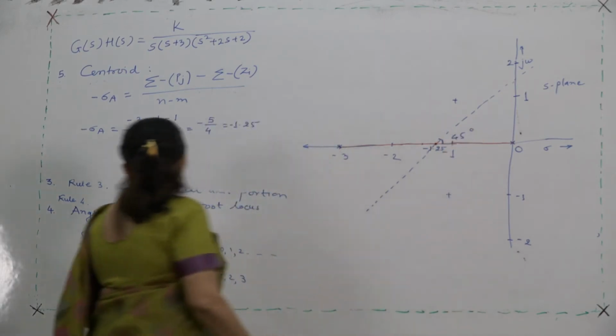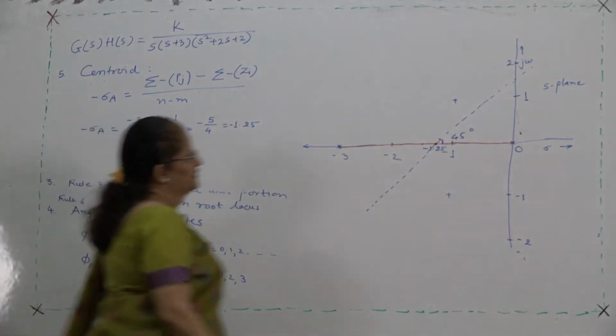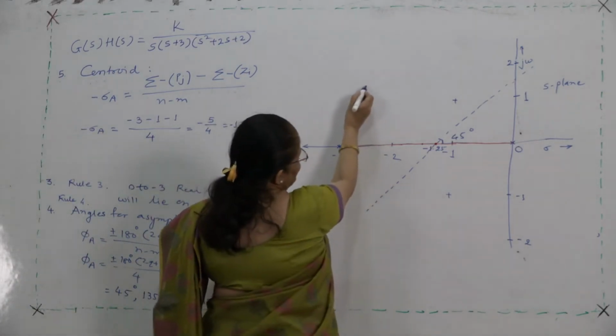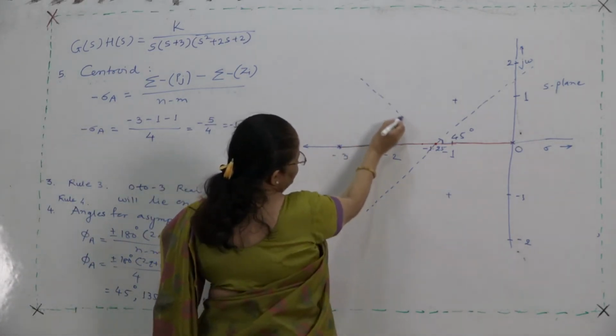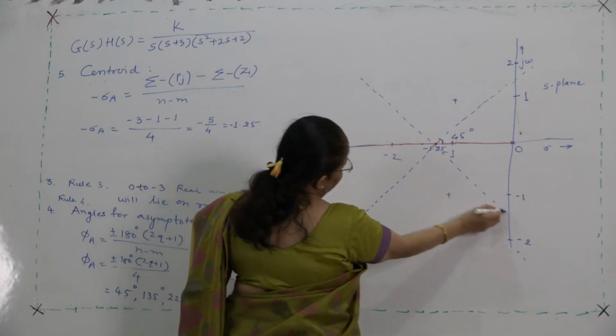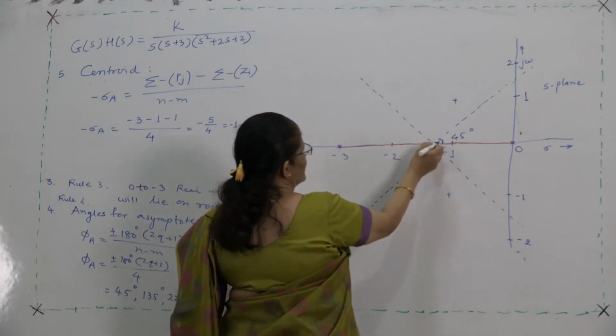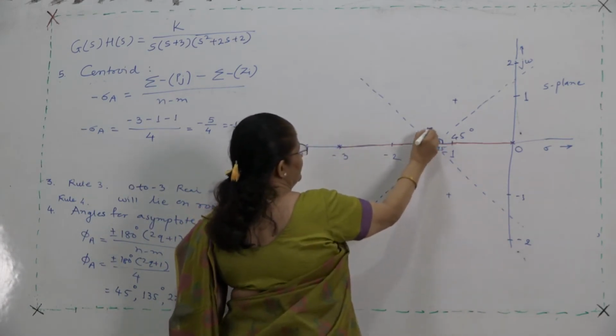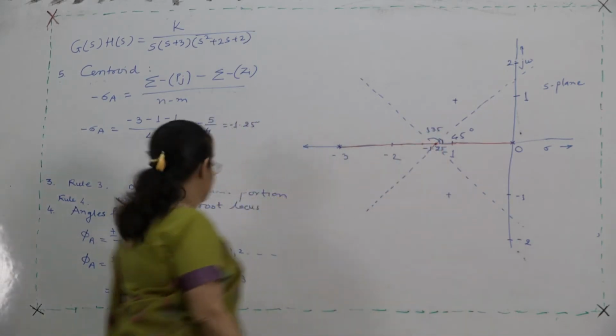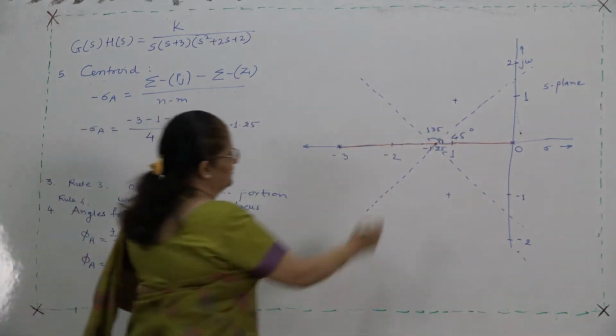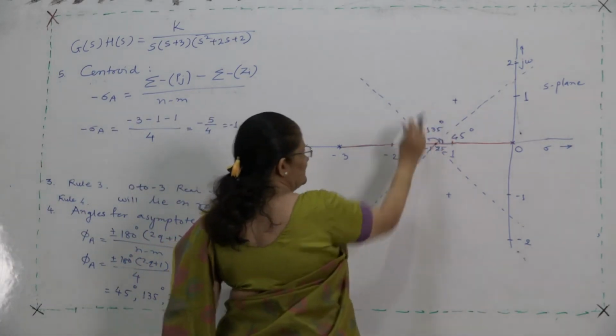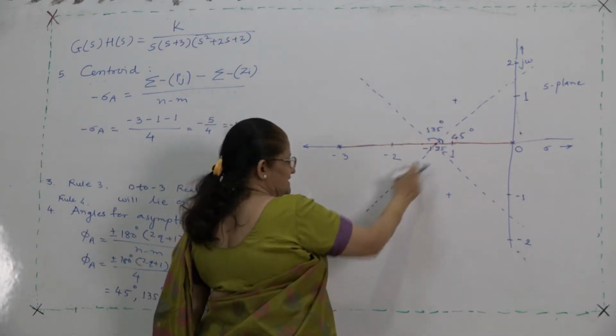So, the first asymptote. Next is 135. Approximately I am drawing. So, this angle is 135. Next is 225. It is symmetrical about the real axis, so no necessity to measure it.